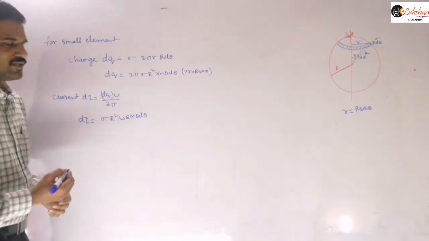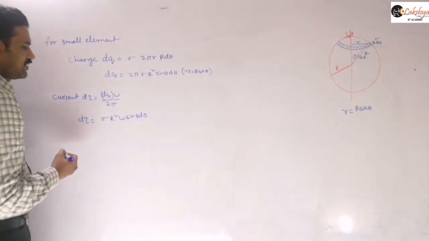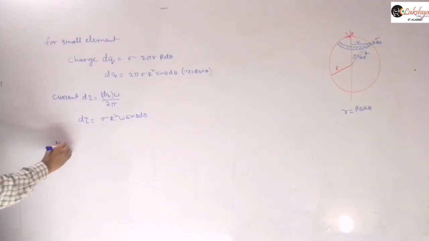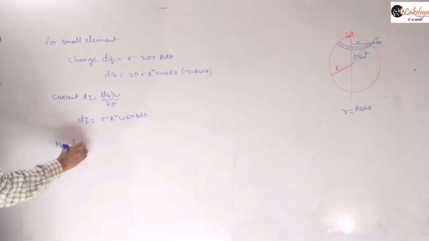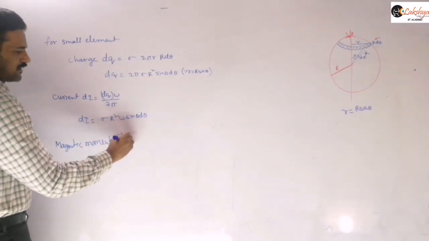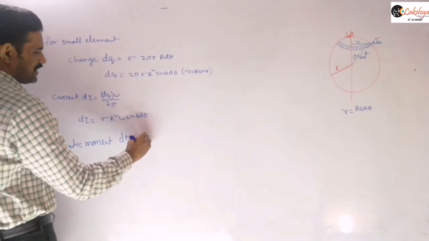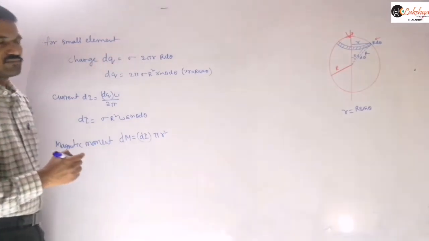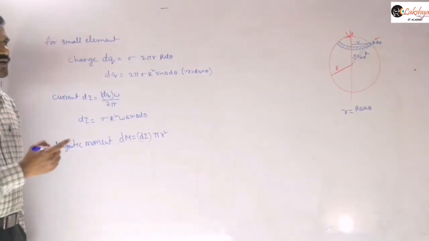Now again the magnetic moment calculation, for this small element only. The magnetic moment dm is equal to di into pi r square, where that is small r square.